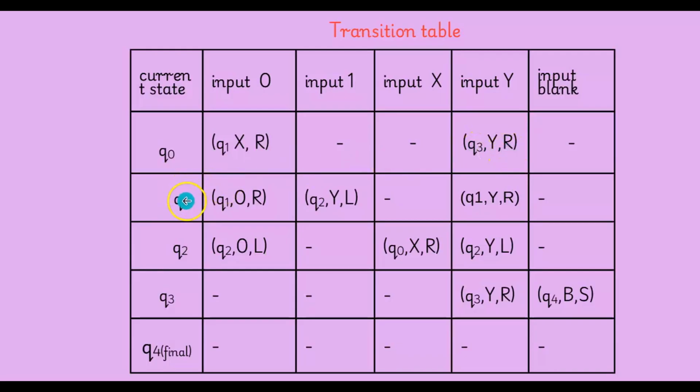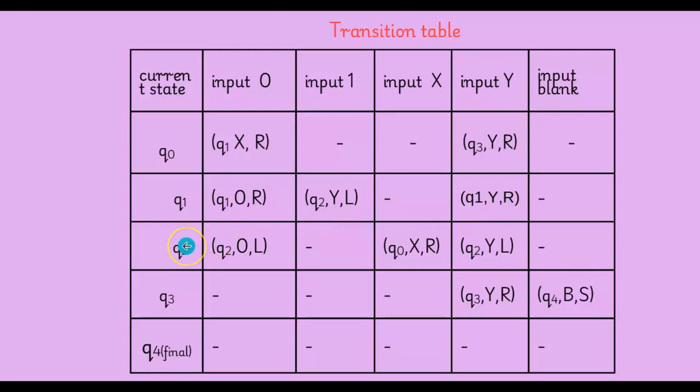When you are in Q1, if the input symbol is 0, keep it as it is, stay in Q1, and move right. If the input symbol is 1, make it y, go to state Q2, and move left. If the input symbol is y, you keep it as y, stay in Q1, and move right.